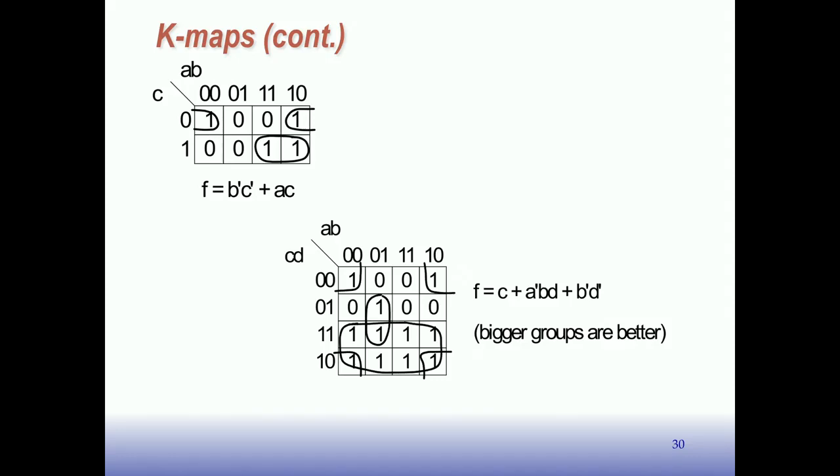By capturing that one, the term becomes A prime B D, because in the process of grouping we've eliminated C. So I just want to grab as many ones as possible together. This may not be unique. There may be other ways to do this, but in this case, I think this is minimal. You can't get that one because they need to be power of 2 groups in order for the whole thing to work out.